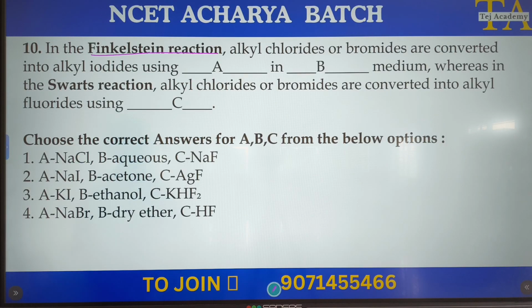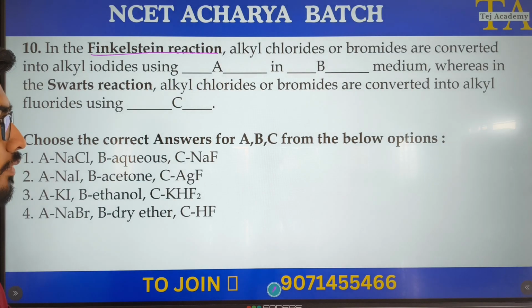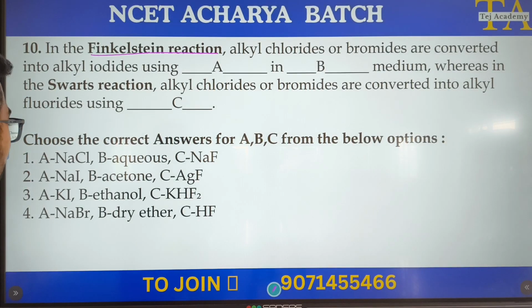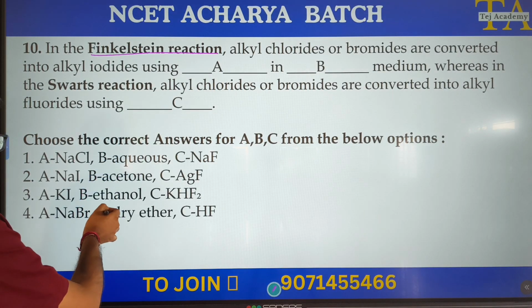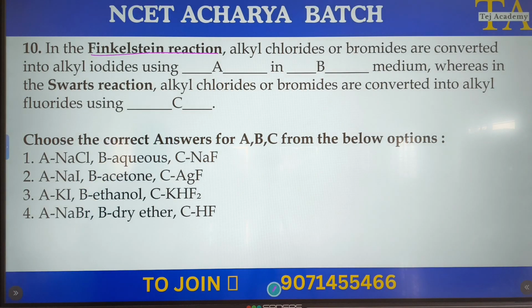10th question. In Finkelstein reaction, alkyl chlorides, bromides are converted into alkyl iodides using A in B medium, whereas in Swarts reaction, alkyl chlorides or bromides are converted into alkyl fluorides using C. So choose the correct answers for A, B, C from the below options. So we have to check among these four which option is right.